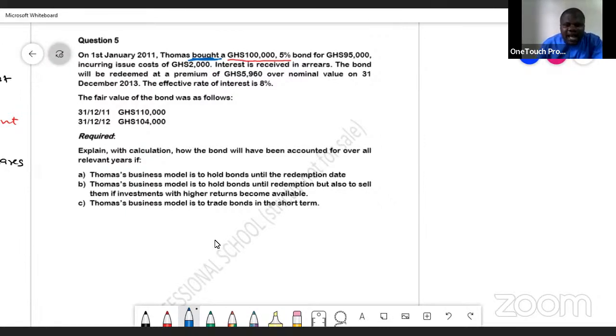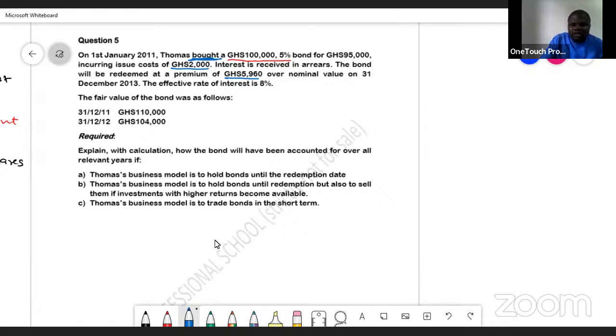Thomas bought a 100,000 5% bond for 95,000, incurring issue cost of 2,000. Interest is received in arrears. The bond will be redeemed at a premium of 5,960 over nominal value on 31st December 2013.